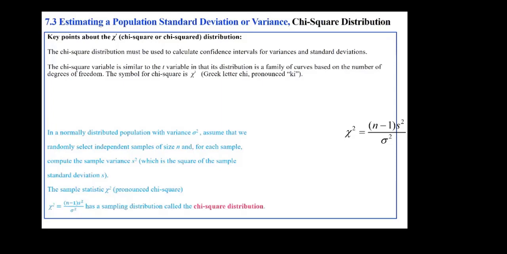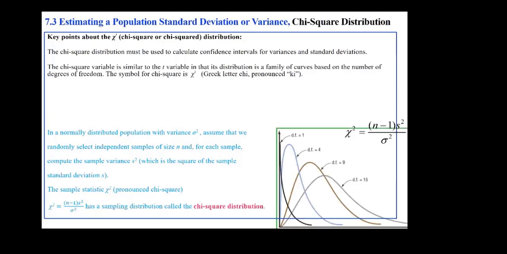The symbol for chi-square is this Greek letter chi, pronounced chi. So those are the chi-square shapes. Notice as the degrees of freedom gets larger, the curve gets closer and closer and similar to the bell shape of the normal distribution we've seen, but it is not normal.